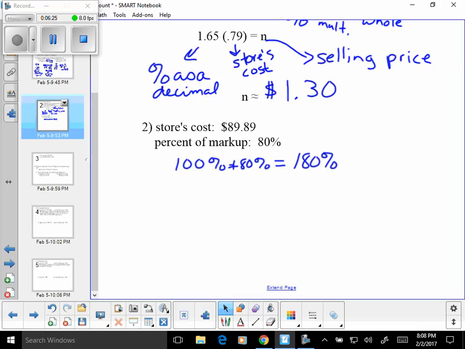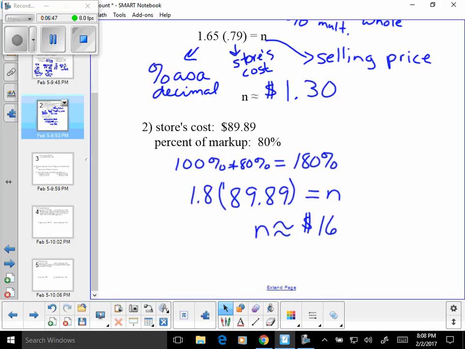Now we're going to go to our equation. We're going to take the percent as a decimal, 1.8, times the store's cost, which is 89.89, equals n. And when we put that through a calculator, we'll find that the price that the store is going to charge you is $161.80.